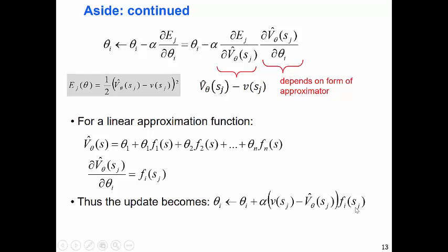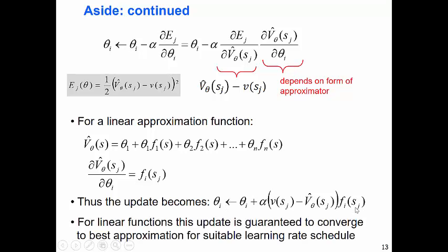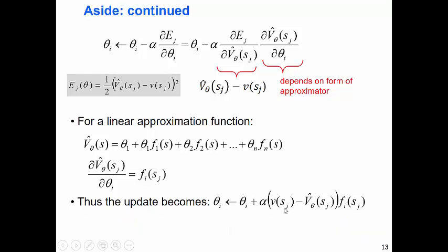And this makes intuitive sense. If your target, for example, is larger than your current prediction, this is going to be positive. And if the feature that you're considering for theta I happens to be positive, then you want to increase the weight, you want to make the linear function more positive.